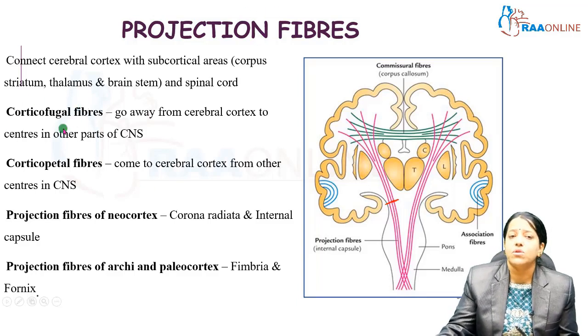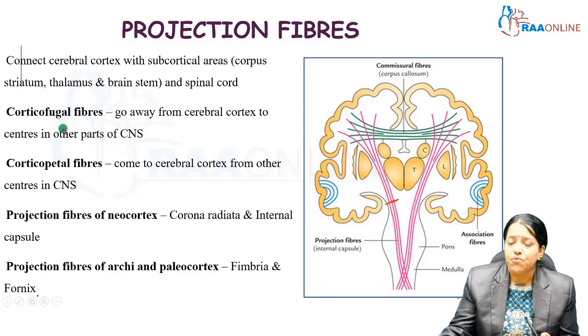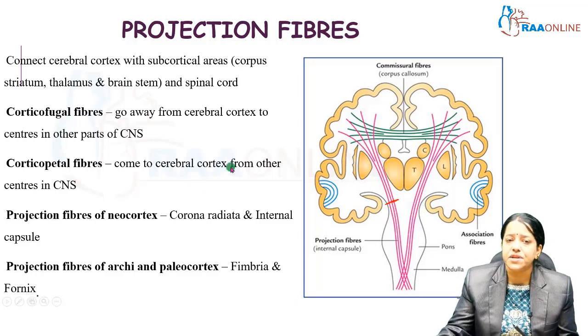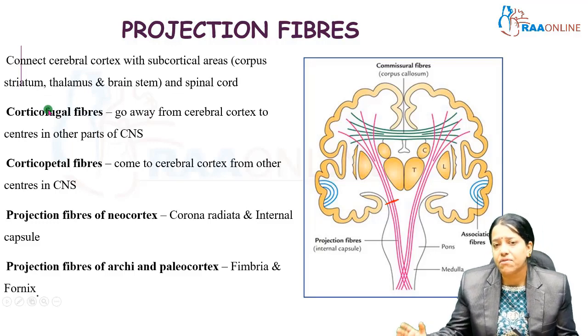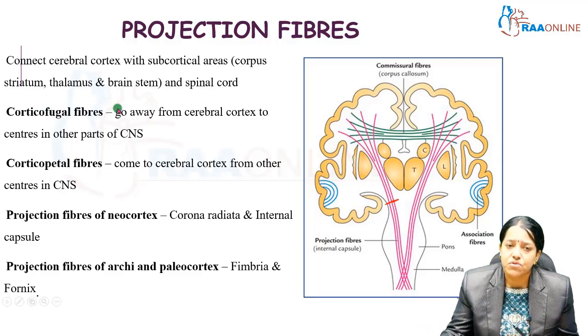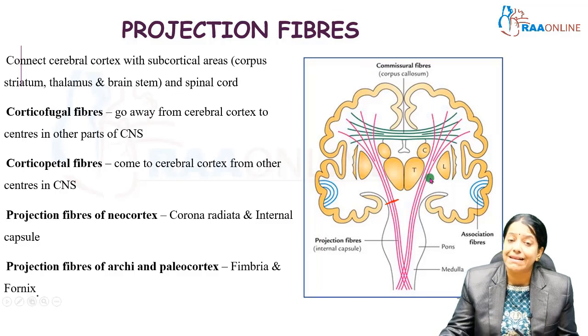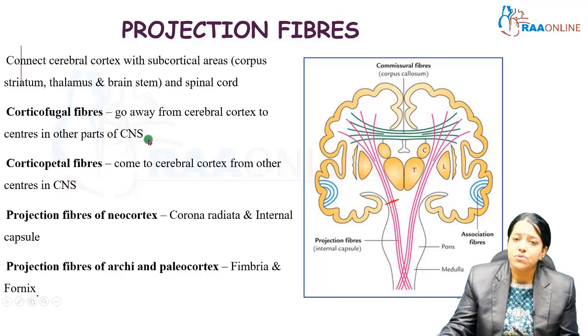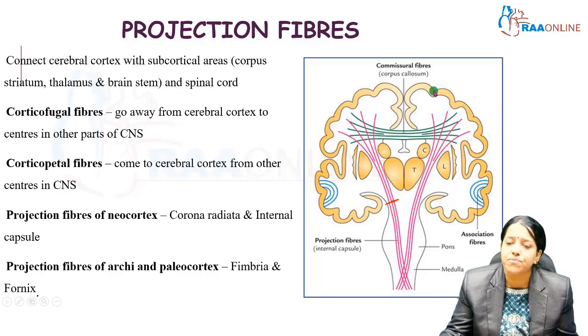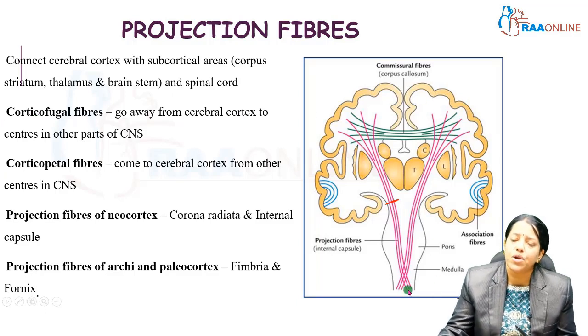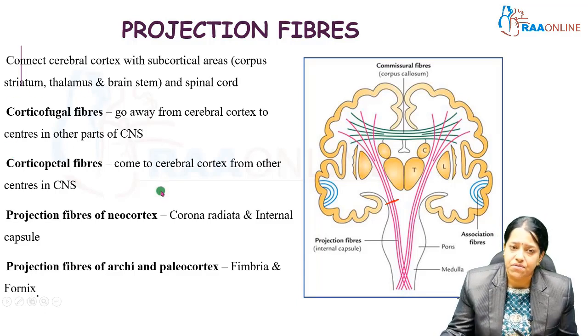You have something called corticofugal fibers. Now, fugal means, as we read in physics also, going away from the center. If you take the cerebral cortex as the center, as the master, the fibers which go away from the cerebral cortex, which come down and give commands, are the corticofugal fibers.